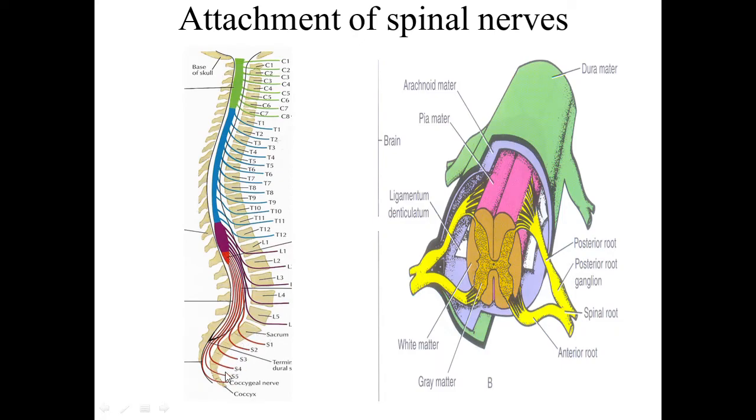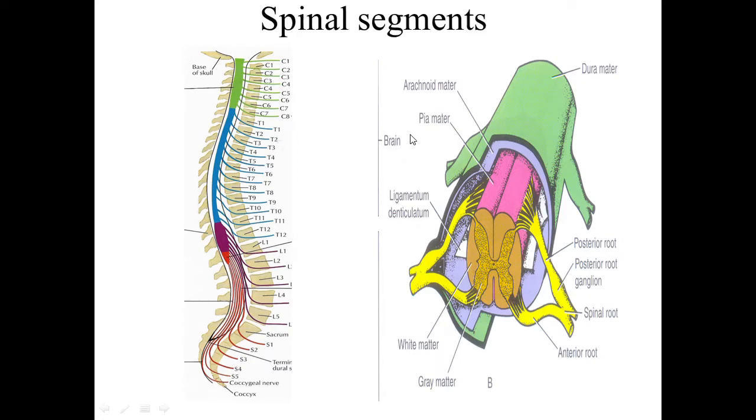So this is how the spinal nerves are arranged. Now what is a spinal segment? A spinal segment is the portion of the spinal cord giving attachment to a pair of spinal nerves.